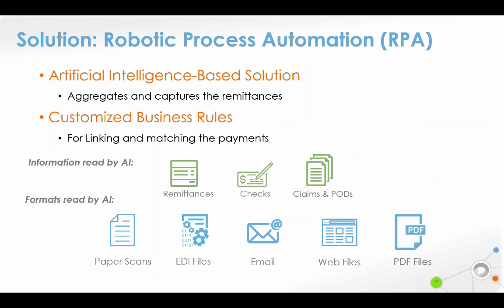There are artificial intelligence-based solutions, and this type of technology is specifically used for capturing and collecting remittance data as it applies to Cash App. And then the other area is customized business rules, and this is really the RPA that's used for linking and matching payments and the invoices that are open in the system.